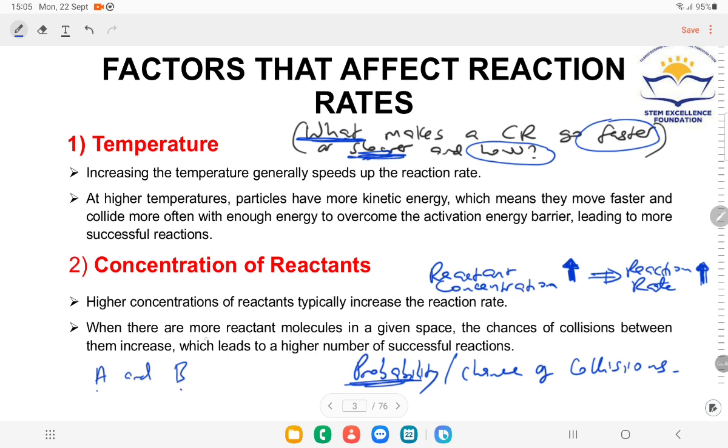So clearly, more reactant molecules imply a higher probability of collision between them. Therefore, you increase the chance of having successful collisions, which in turn are successful reactions. Perfect.